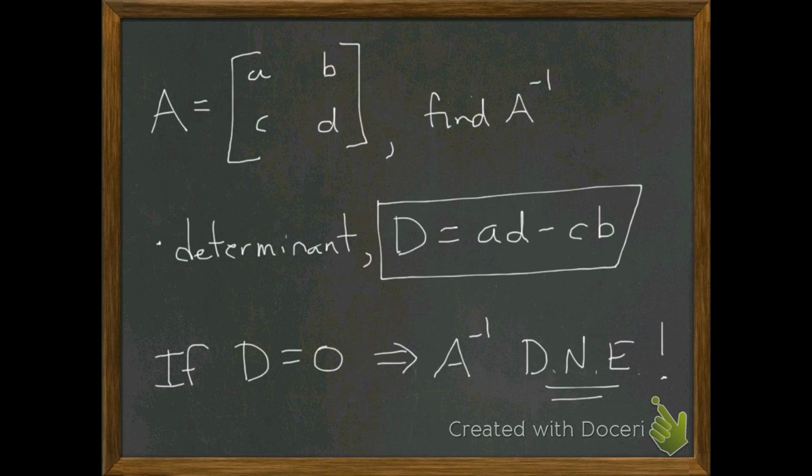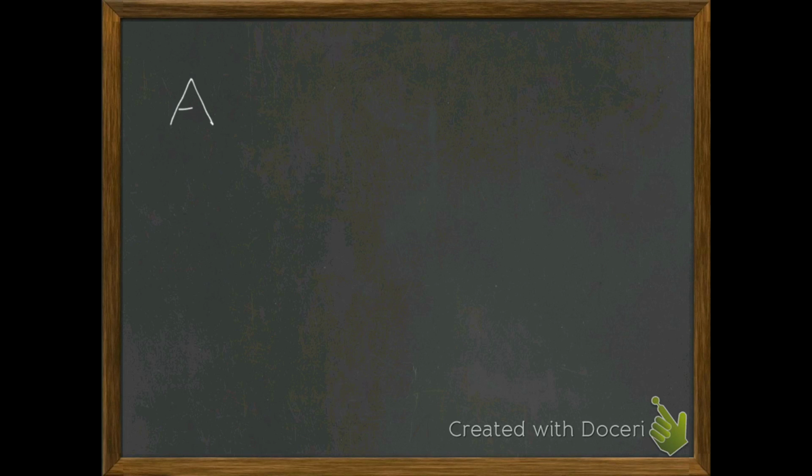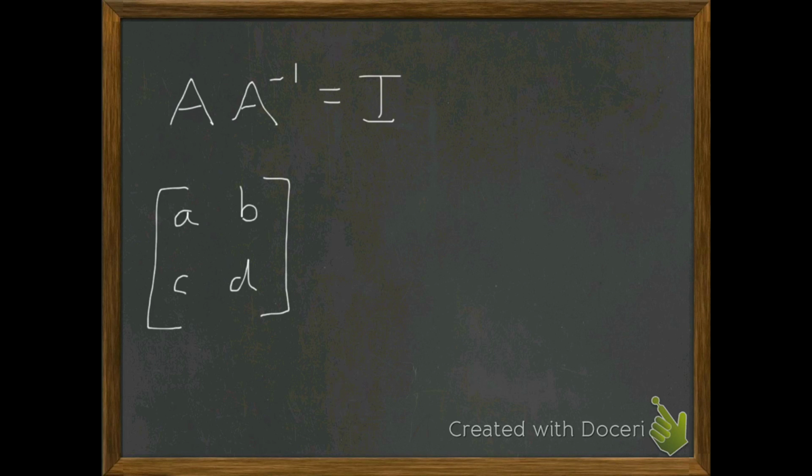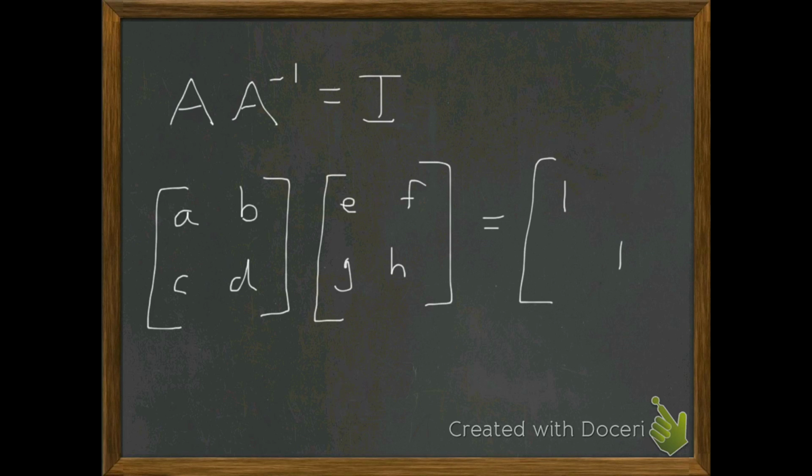So guys, at the end of the day, because A times A inverse is equal to the identity matrix, what we're looking for here is a matrix that I'll call EFGH, which gives us this.